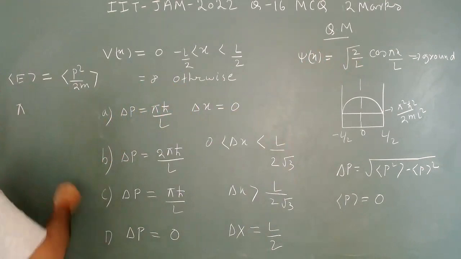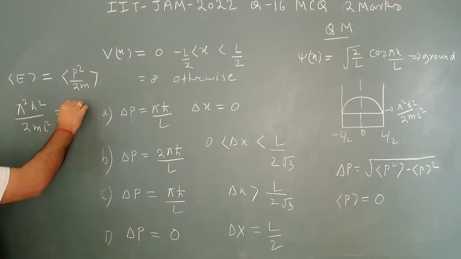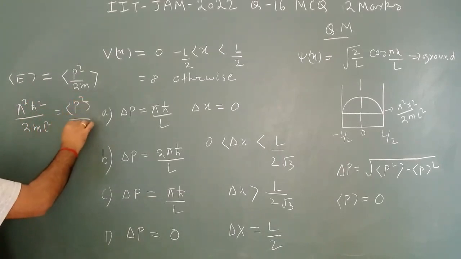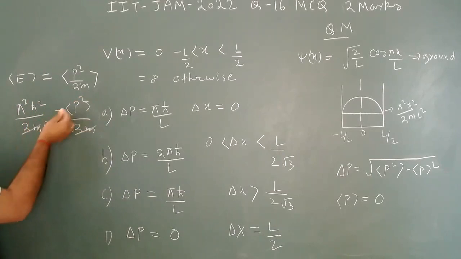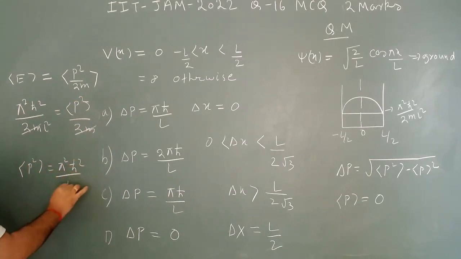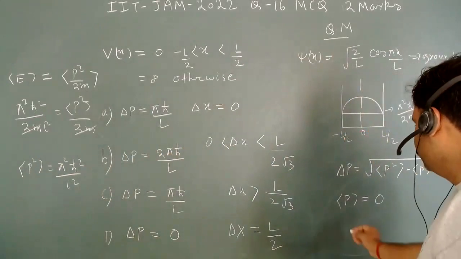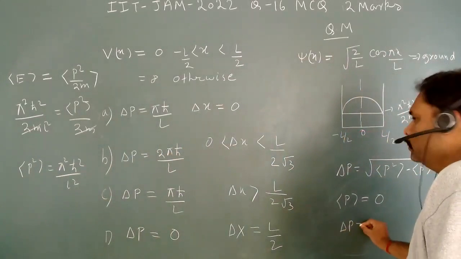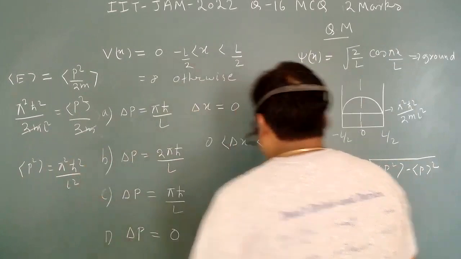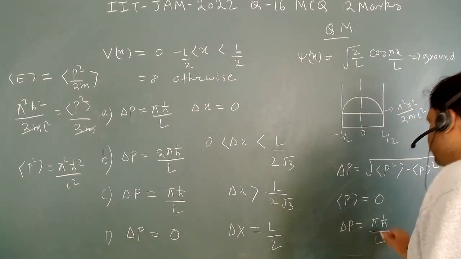So pi square h cut square upon 2m L square equals the expectation value of P square by 2m. So the expectation value of P square is pi square h cut square upon L square. When we take the root, delta P is equal to pi h cut upon L.